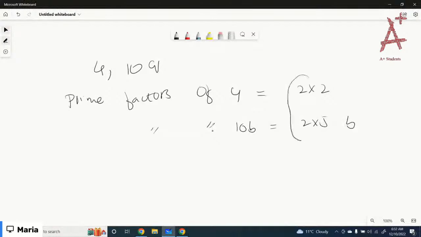So the only common factor between both the numbers is 2. Got it? So the GCF of the numbers is 2. Just select the correct option and click on the OK button.